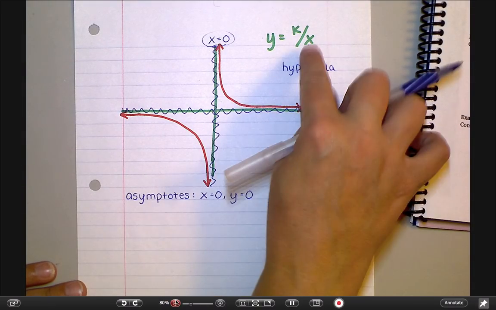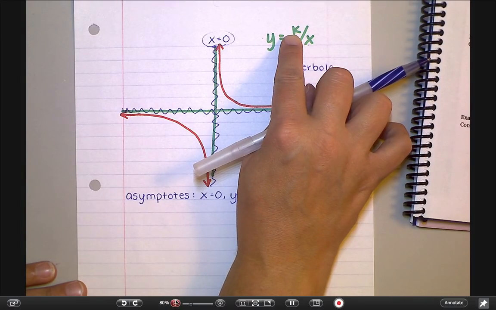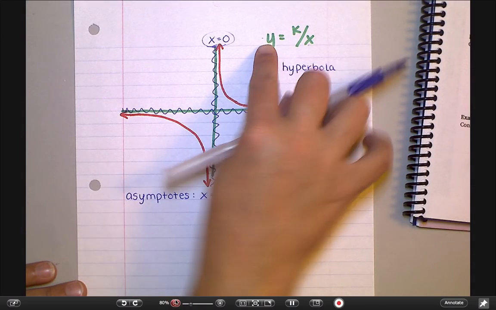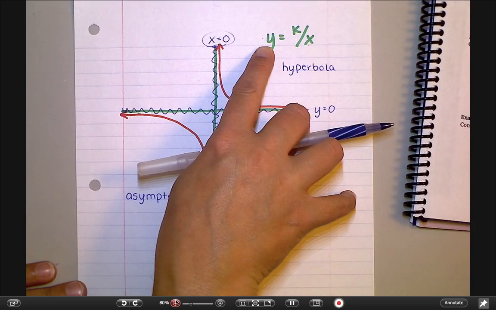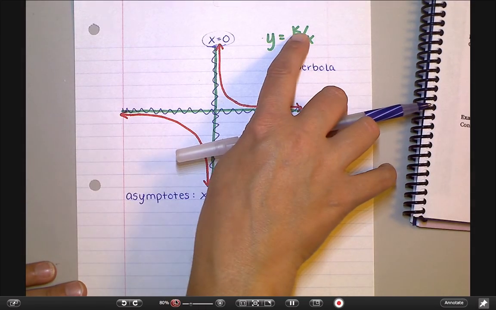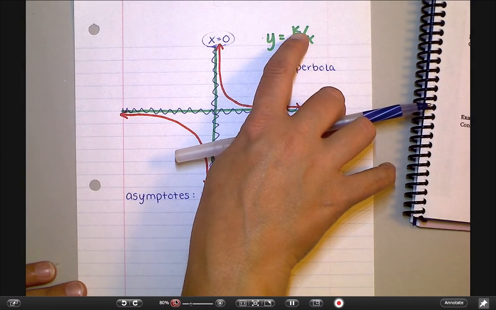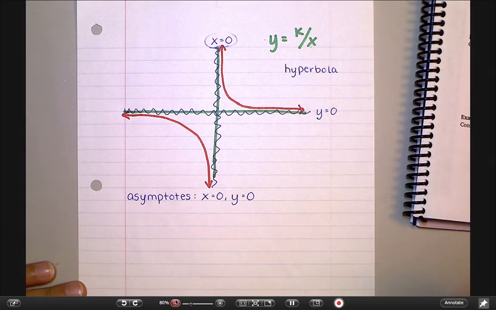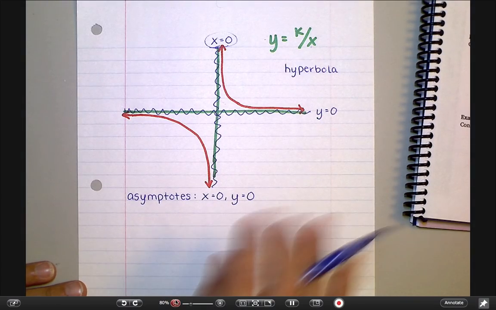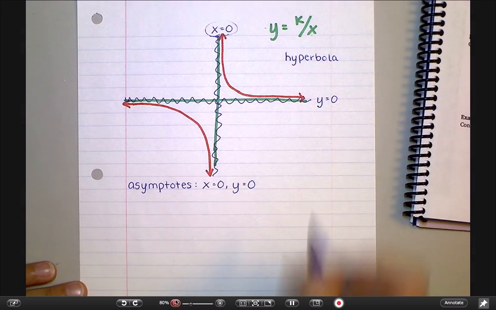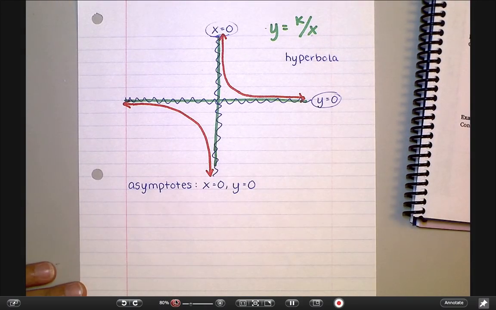And similarly, because I'm always going to have a number up there for k, I can never get 0 out as an answer, because the only way I could get 0 out as an answer is if I put a 0 up there, and the 0 up there would just cancel with the x, and then I wouldn't even have a hyperbola anymore. So that's where these two asymptotes come from, x equals 0, y equals 0.